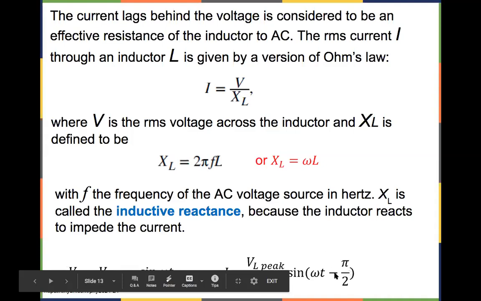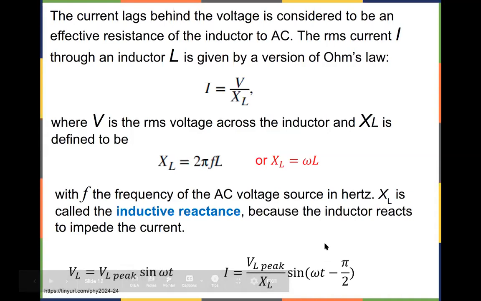This is how you get the expression for the current. It's also a sine function, but with a phase shift. You just shift the sine function by a certain phase difference, 90 degrees or pi over 2.